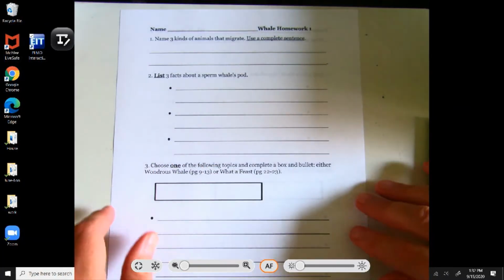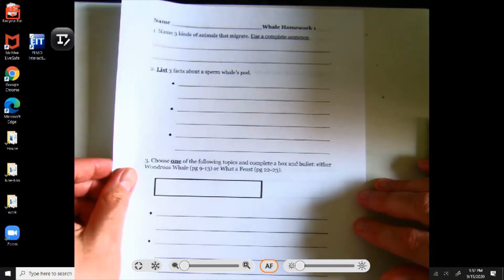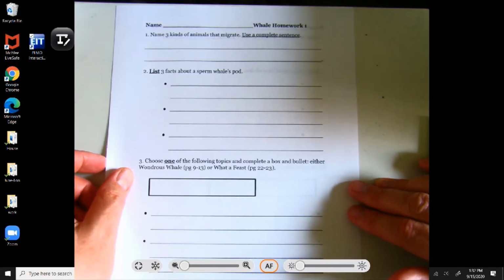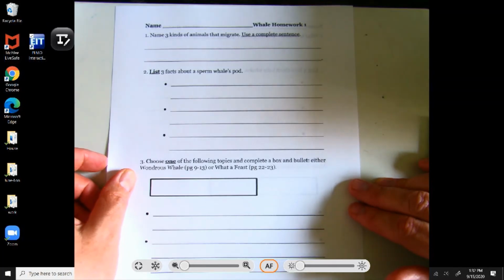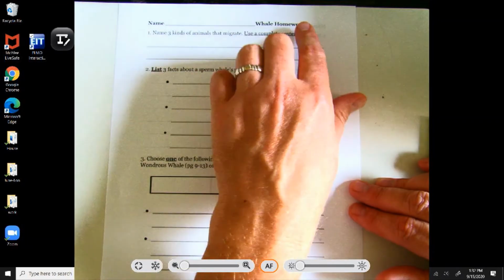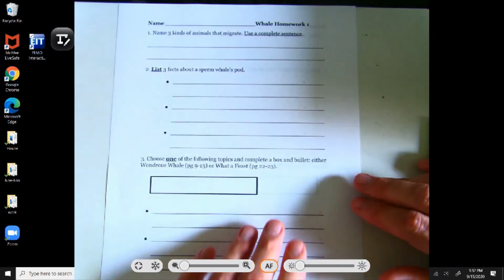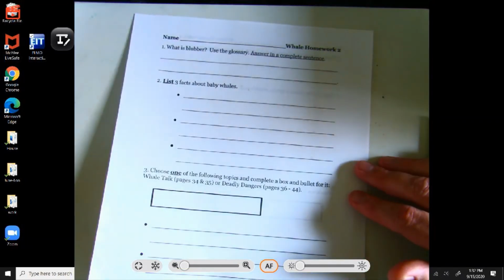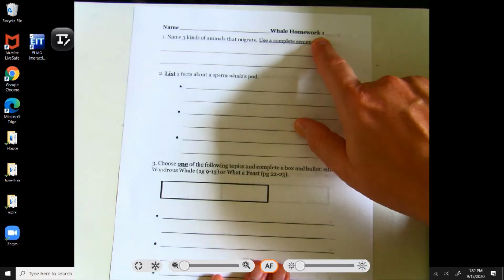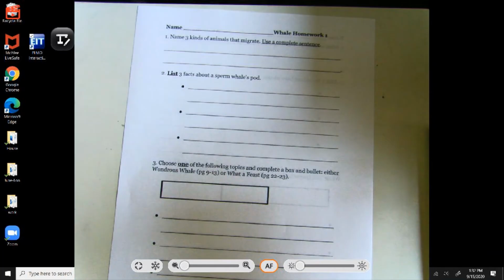If you don't have it, you could do this work on a piece of paper, or you could print the one that's attached, or you could even type into the one that's attached to the assignment. But this is our work. And make sure you're on side 1. Side 2, we're going to do next time, and it looks very similar when you glance at it. So be sure you're on side 1. And then we'll get started on our work.